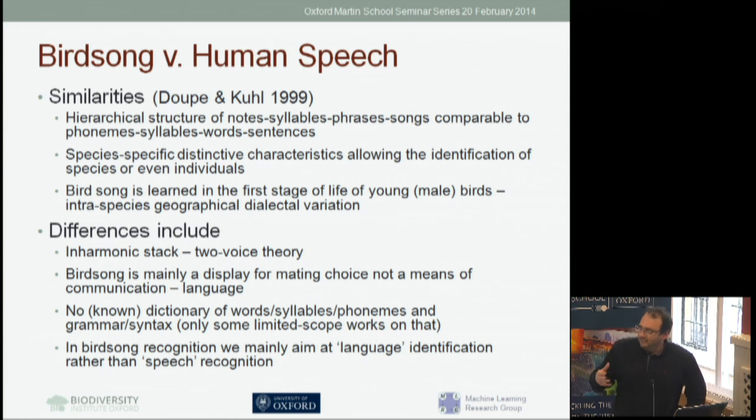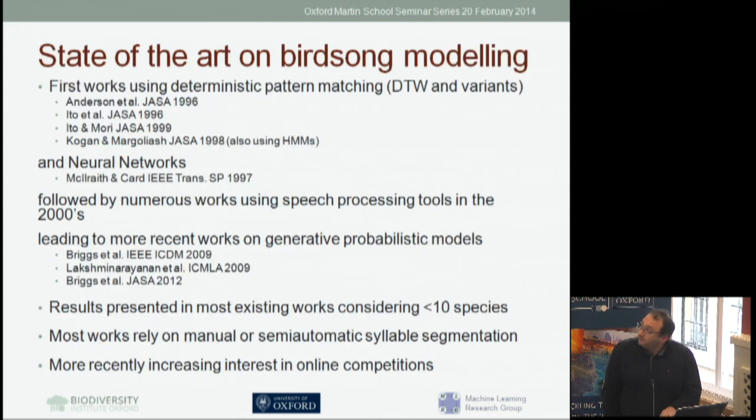We can identify syllables and segments like phrases. It doesn't necessarily carry meaning, and even if it did, we don't know that meaning. We don't have a grammar or a syntax for it. So using this type of approach, where we try to map recordings to syllables or phrases, is in many aspects a very limited approach, especially if we want to cover thousands of different species for which we don't have this kind of grammar.